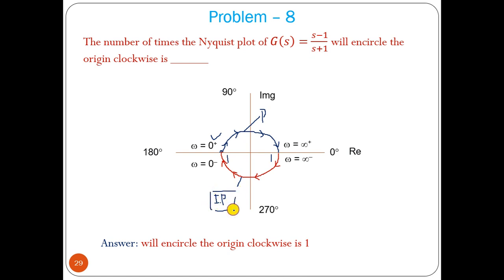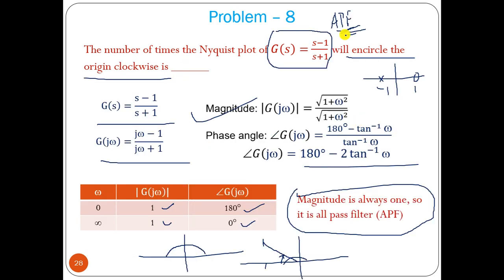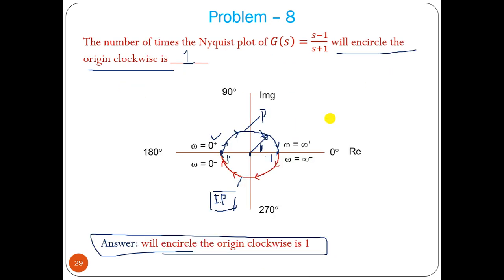What we can see is that this varies from this point to this point, whose magnitude is 1. So this is a circle whose magnitude is 1. So it encircles the origin in the clockwise direction one time. That is your answer. The number of clockwise encirclements of the origin is 1. So this is the answer, an example of an all pass filter.